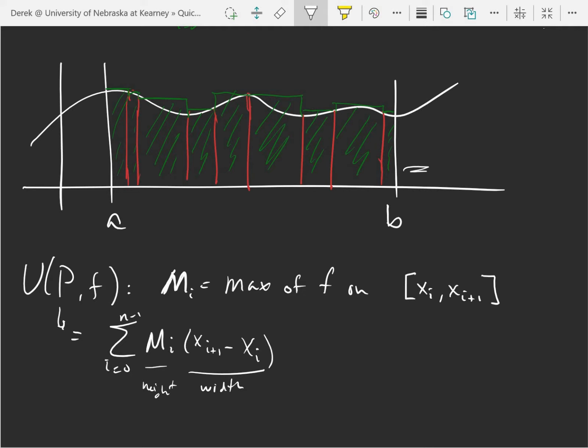So width times height is area, and adding up a bunch of areas is just going to give me another area.